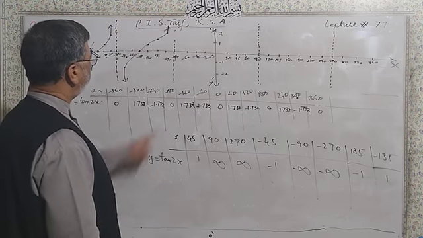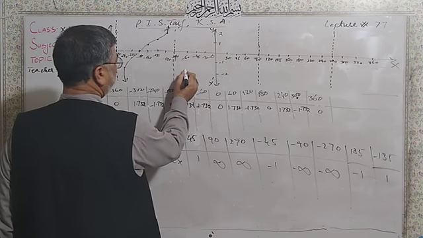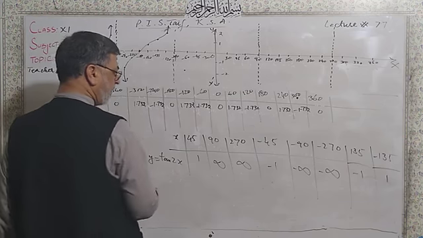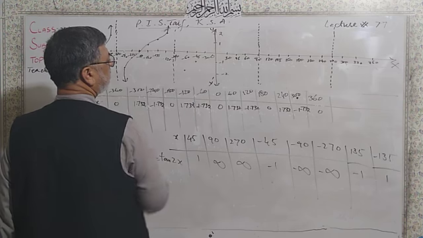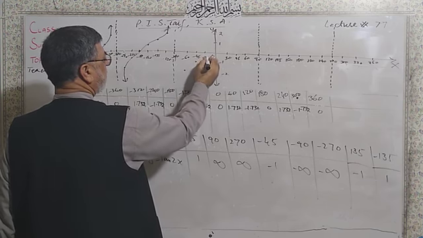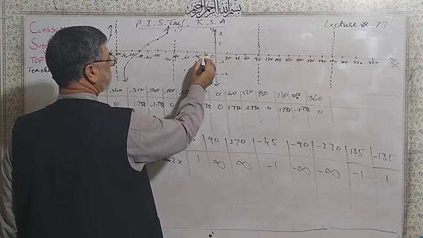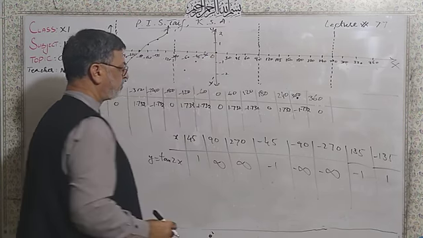Similarly, minus 60 is 1.732. Minus 45 is minus 1. And minus 30 is actually minus 0.6 and 0 is 0.